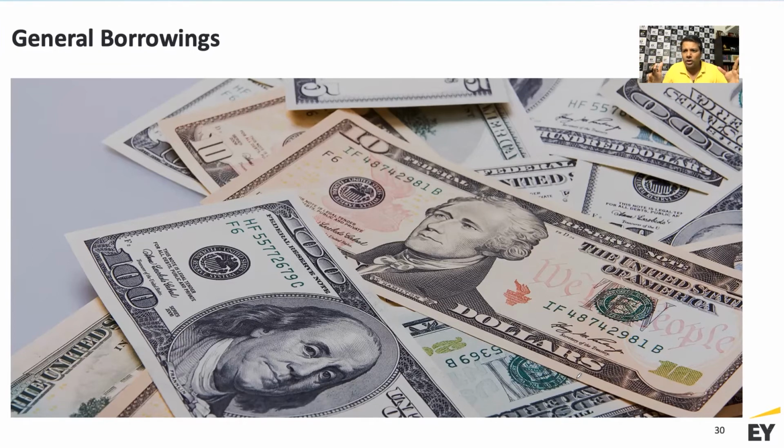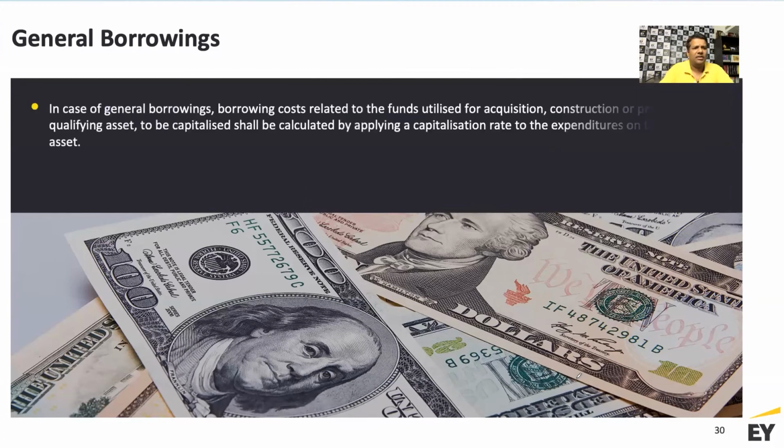And that's where the whole concept of money is fungible. Money is fungible. You could have saved that interest by repayment if you had not started a new construction of plant B. And that is where the concept of general borrowing comes in. Anything which is not specific becomes in a way a general borrowing.